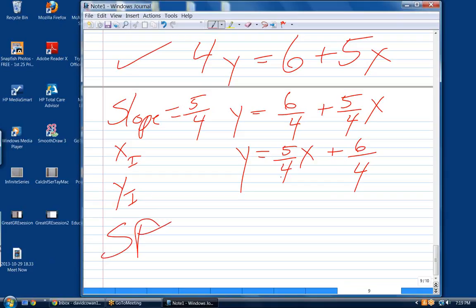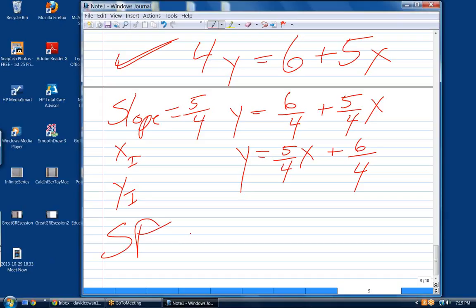Don't start with what we figured out in slope-intercept format. Start with this, it'll be much easier. Remember, standard format is to get all your x's and y's on the left and nothing but numbers on the right.